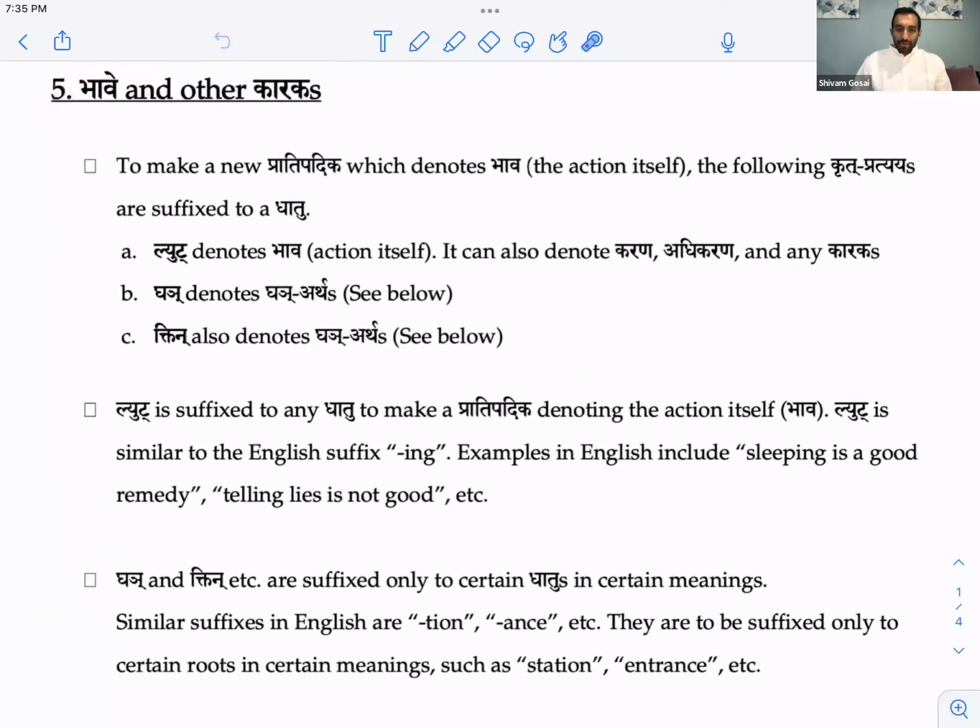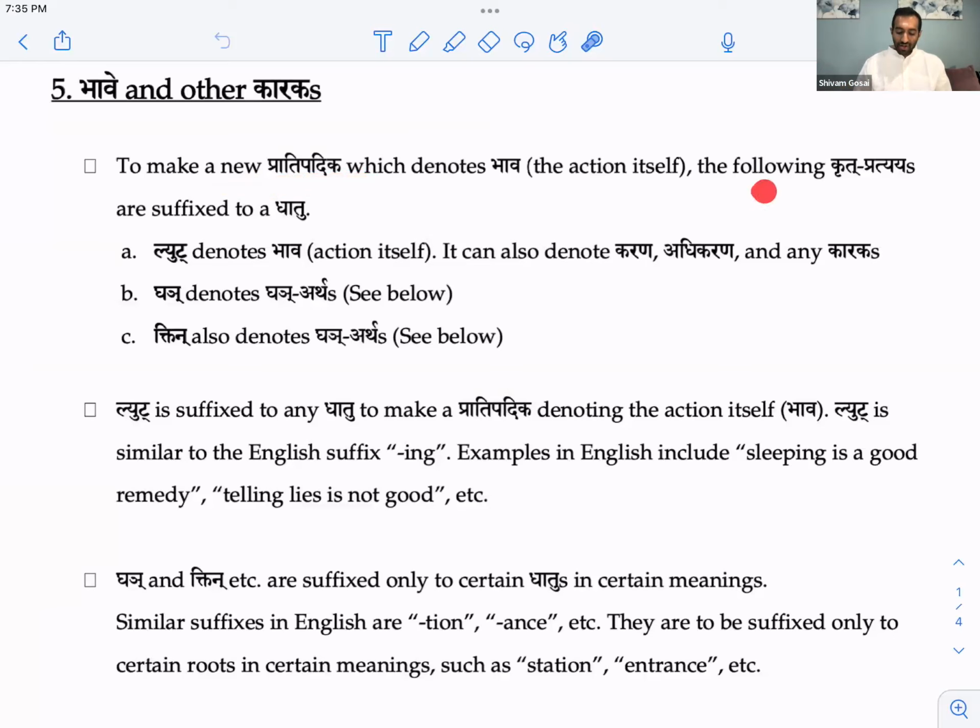Okay, if we remember what Bhave or Bhava means, right? Bhava means the action itself. So if we put that word bhava in seventh case, we say bhave. These words are going to be in the sense of bhava, in the sense of the action itself. So we're going to make new pratipadikas, which denote bhava, the action itself.